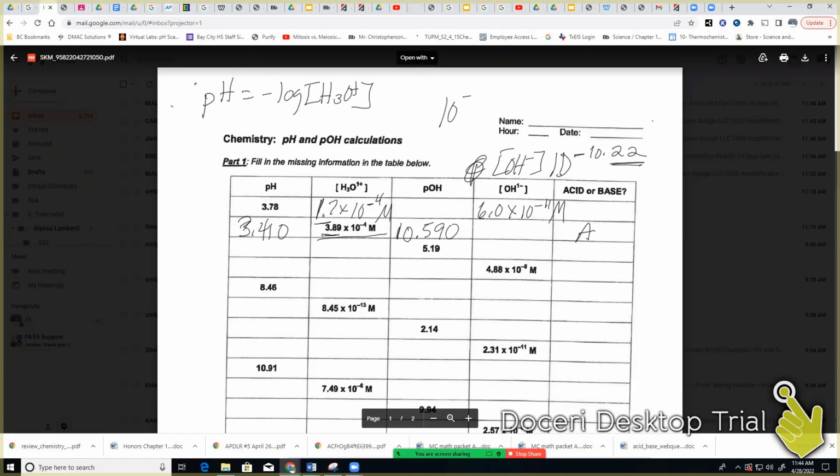So I would have to say 10 to the negative 10.590, and that should give me my concentration. And 3 sig figs, like our other molarity measurement. So it would be 2.57 times 10 to the negative 11 molar.